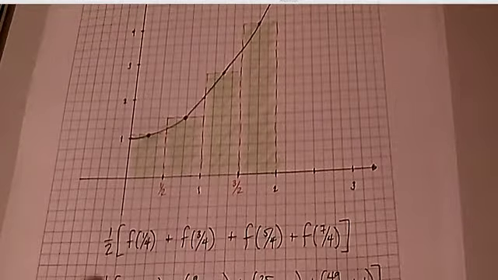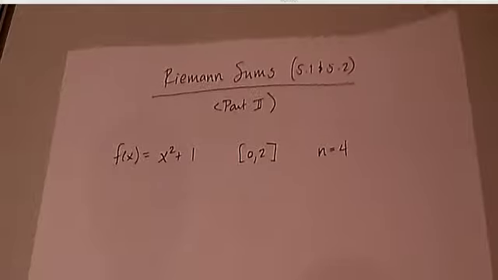So oftentimes, in order to do notation, they want to sort of abstract from that and talk about it in general, okay? So a Riemann sum, and I'm going to reintroduce sigma notation right here.